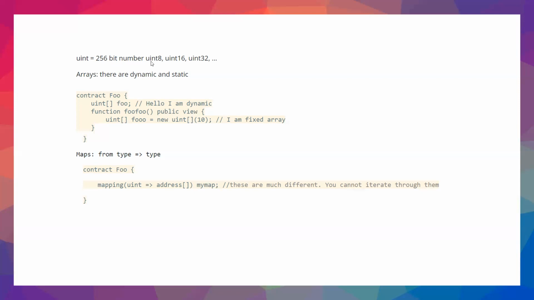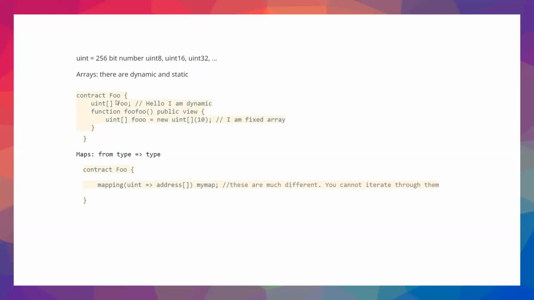You can also use it to declare other sizes that you might need. You might not want to use all 256 bits, and you only need a smaller number, so you can go to uint32 or 16 or 8. And then you can also declare other data structures in it. So you can also declare arrays.